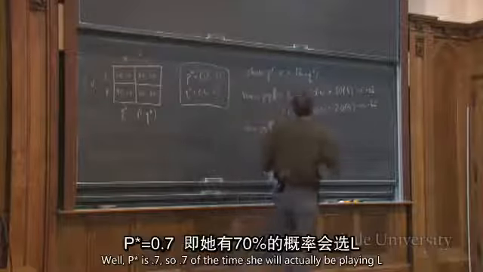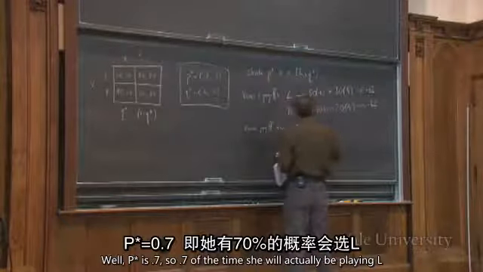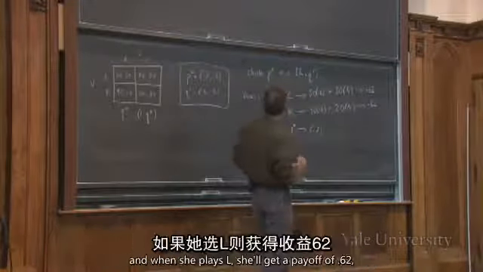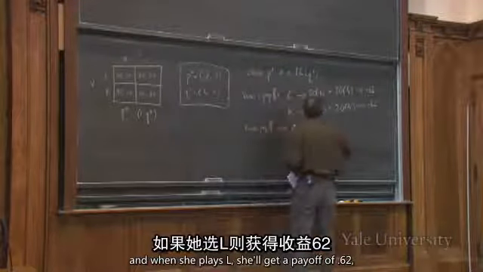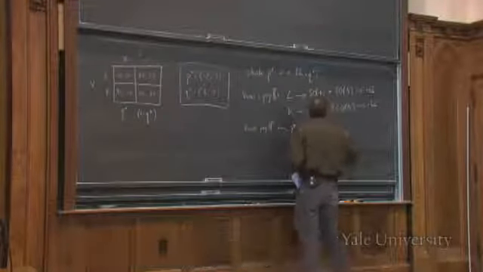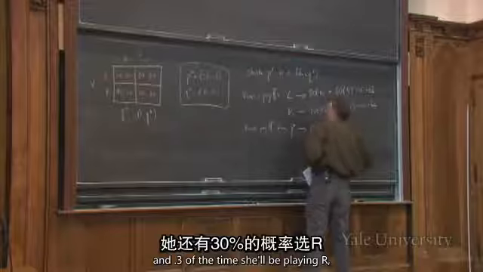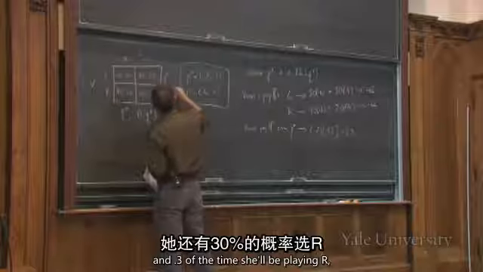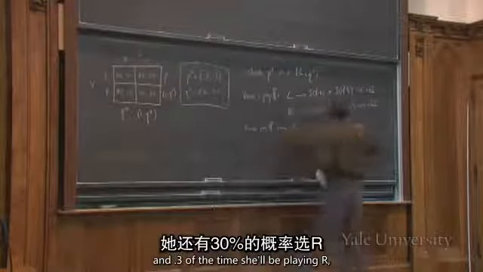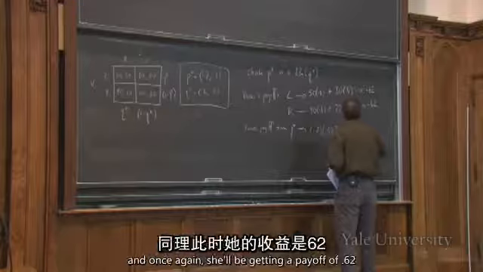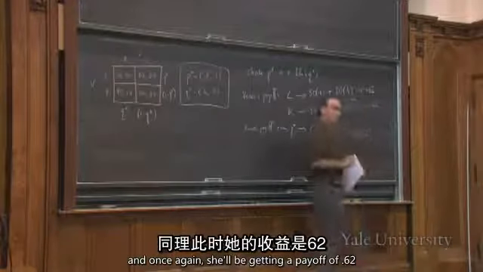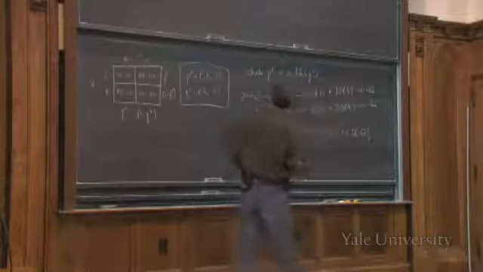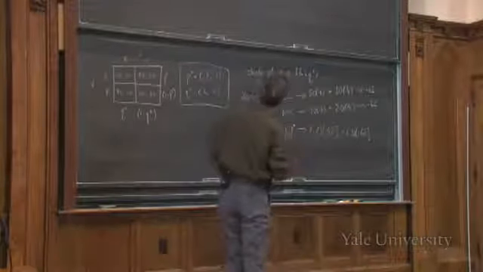Her payoff from actually choosing P star is what? Well, P star is 0.7, so 0.7 of the time she will be playing left, and when she plays left, she'll get a payoff of 62. And 0.3 of the time, she'll be playing right, and once again, she'll be getting a payoff of 62. Do I have a calculator? Yes, sorry, thank you.